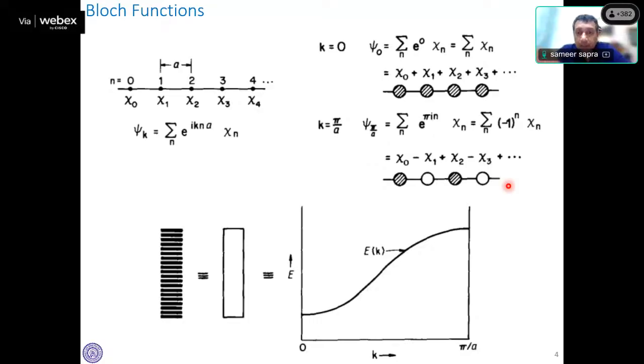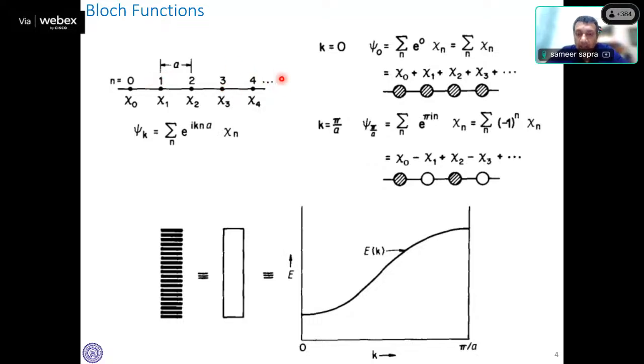So if you look on the right over here, k is equal to 0. If I put k equal to 0, then of course this fellow vanishes, just goes to 1. And all I have is chi0 plus chi1 plus chi2 plus chi3, the complete bonding combination. So what we are looking at now is an infinite chain.